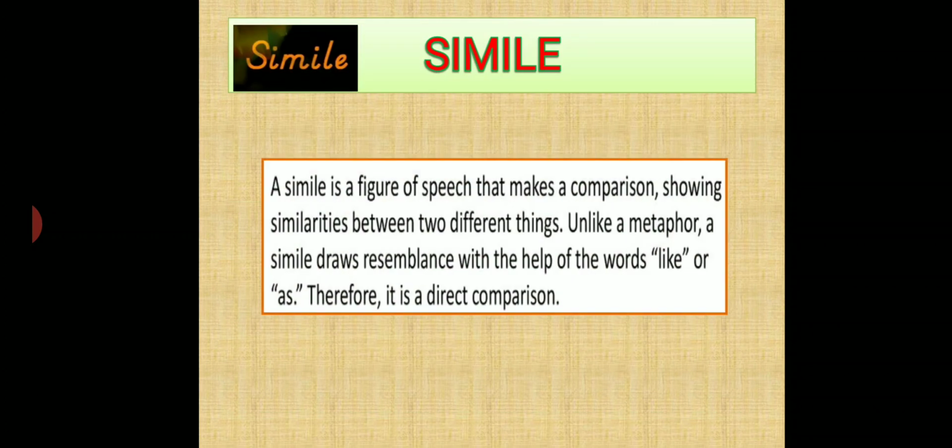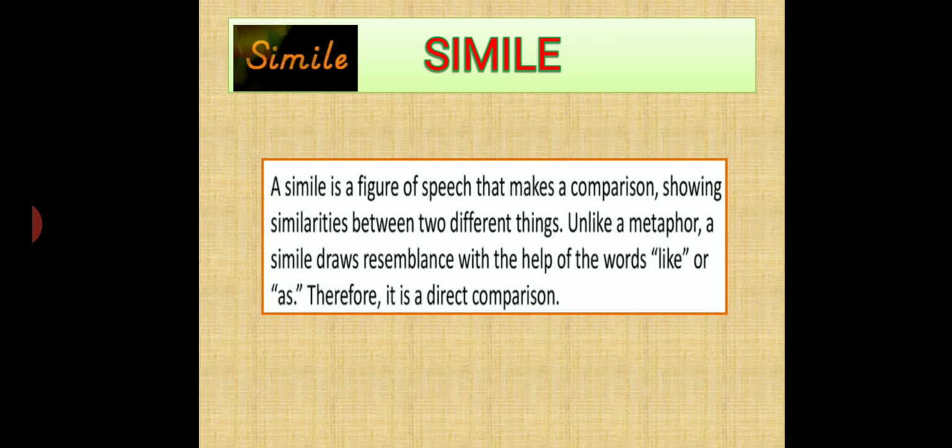Next is your simile. What is simile? Simile is a figure of speech that makes a comparison showing similarities between two different things. Unlike a metaphor, a simile draws resemblance with the help of the word like or as. Therefore, it is a direct comparison.